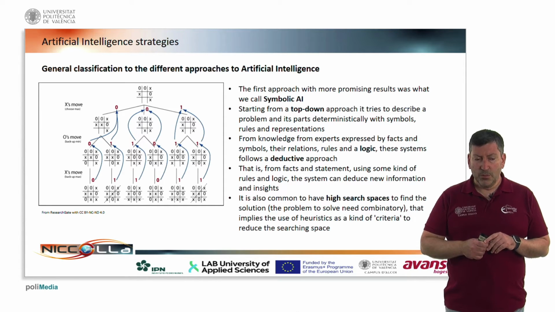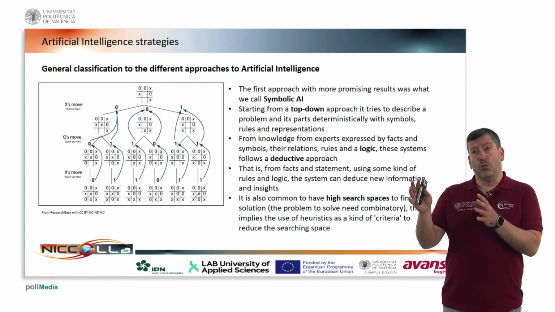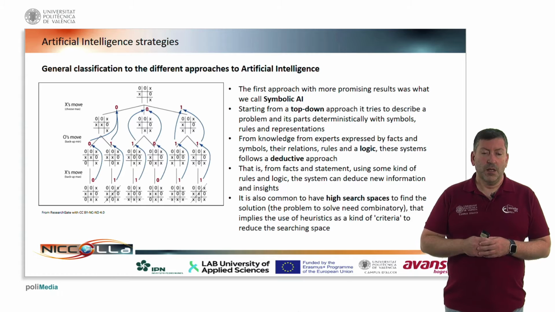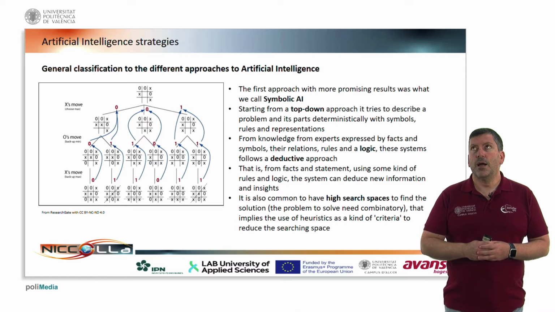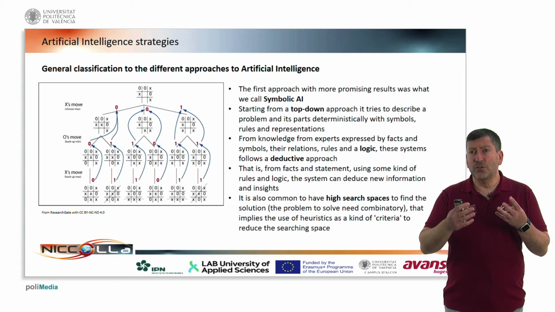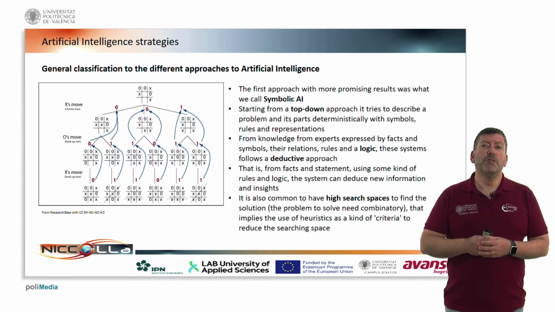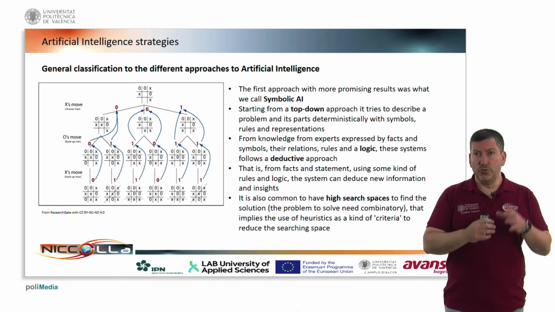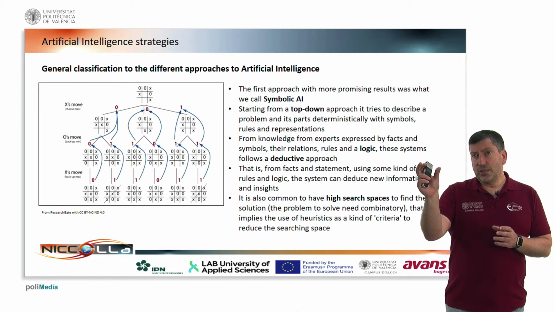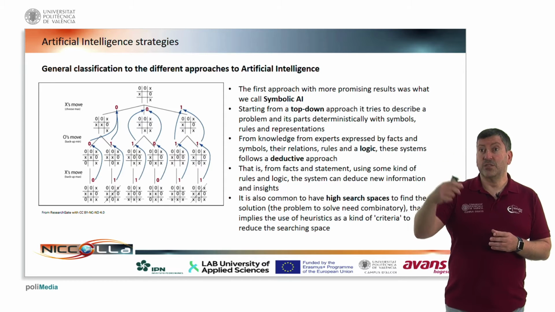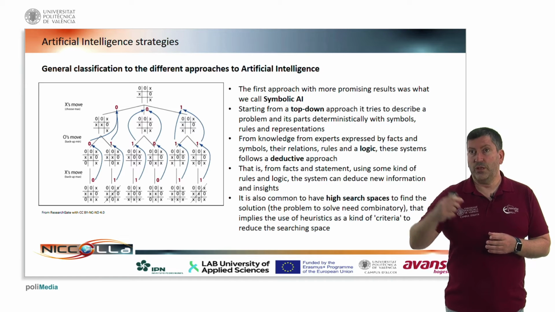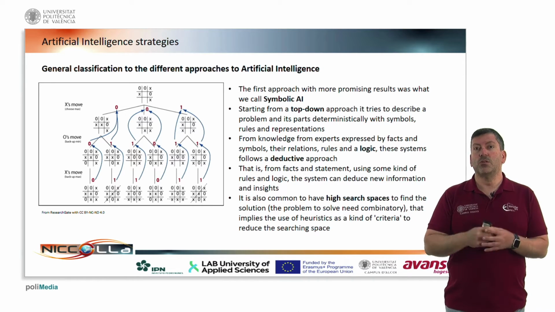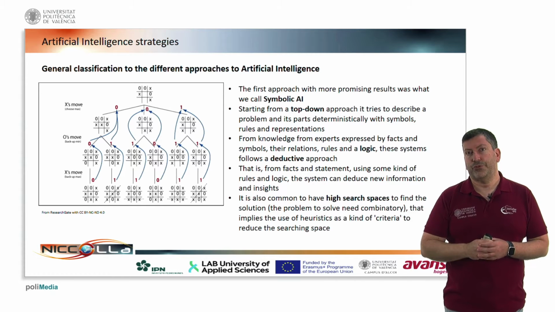Somehow what we try to do is get all the knowledge of an expert and convert this knowledge into rules, using some kind of logic, so that in front of a specific problem, using the rules and inference logic, we are going to have some kind of conclusions. So we say that the system follows a deductive approach.